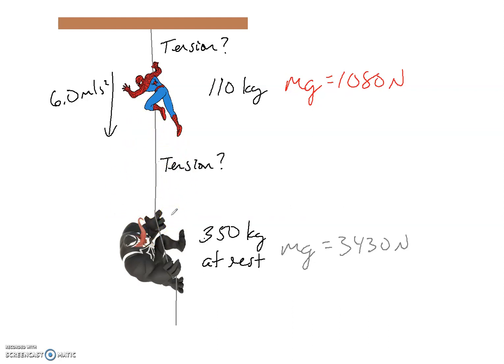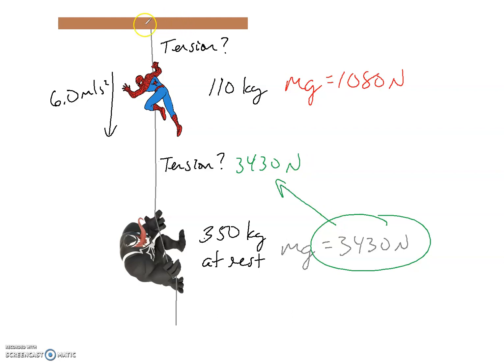He's not moving up, he's not going down, he's not increasing or decreasing the tension, he's just hanging on it. So his force of gravity is actually supplying the tension in the web. For that bottom part, the tension would just be the 3,430 newtons of force supplied by his force of gravity, and that's it.